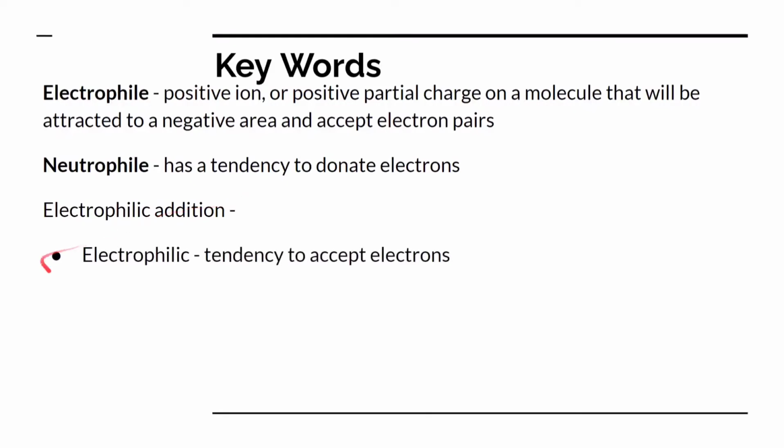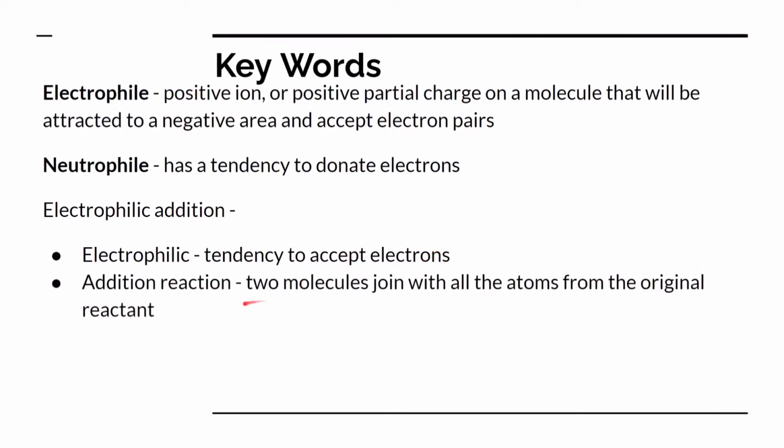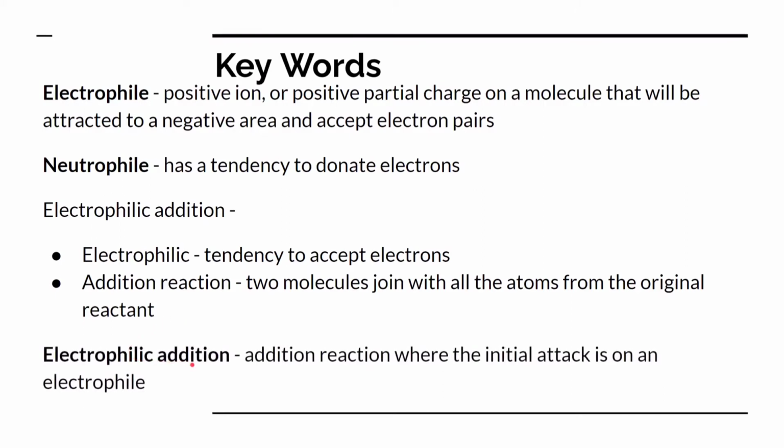So first, electrophilic, as we've just seen, is the tendency to accept electrons, and an addition reaction is when two molecules join with all the atoms from the original reactants. So electrophilic addition is when we have an addition reaction where the initial attack is on an electrophile, and we'll be looking at what attack is and what this all means later in the video.